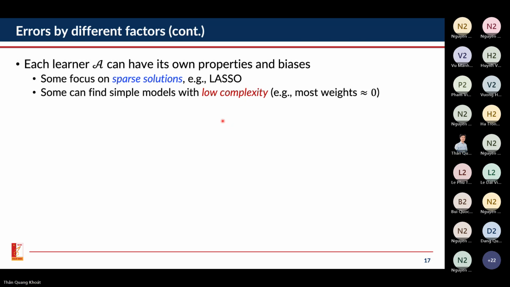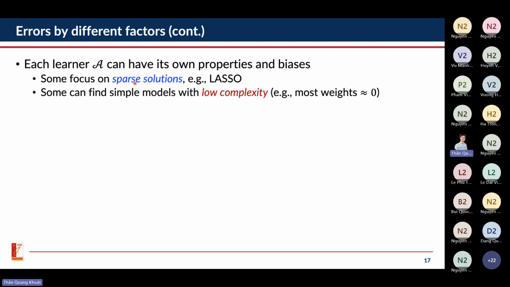For example, you already know about Lasso, right? It is a very well known algorithm, and it can help us train linear models, and of course, more complex models, right? The idea is to use L1 regularization. That's why it can often produce sparse solutions. So this is one kind of bias of a learner, right? We just focus on sparse solutions.